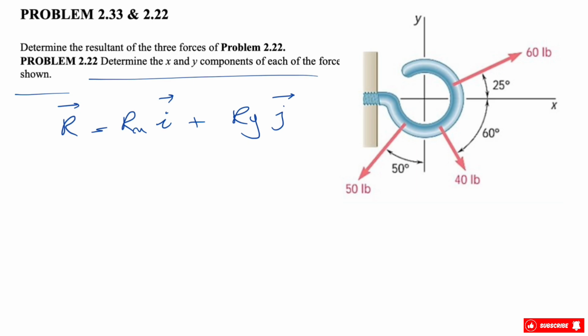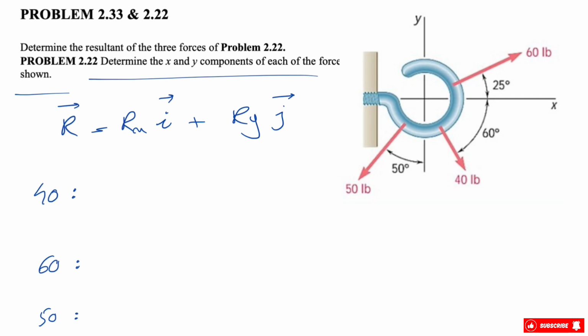So let's call the three forces in here. We have the 40 pound force, we have the 60 pound force, and we have the 50 pound force. Let's start with the x component of the 40 pound force.